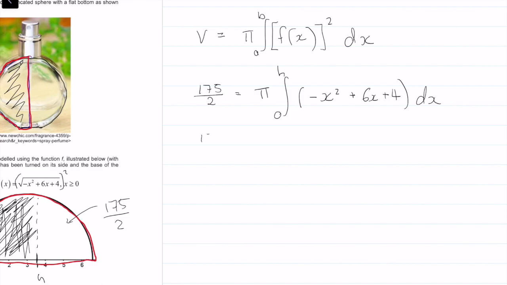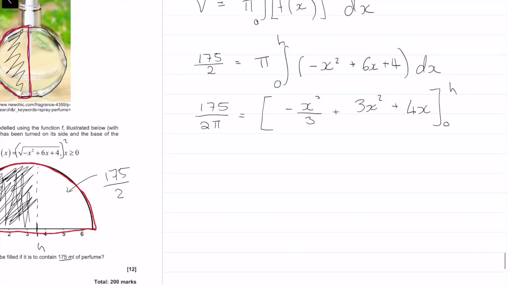So 175 over 2 pi is equal to the integral of minus x squared, which is minus x cubed over 3, plus 6x squared over 2, which I'm going to write as plus 3x squared, plus 4x, from 0 to h.